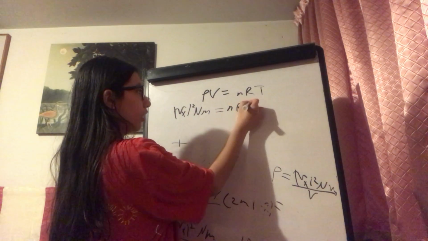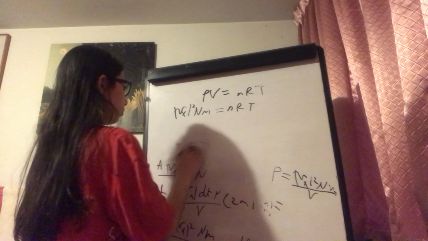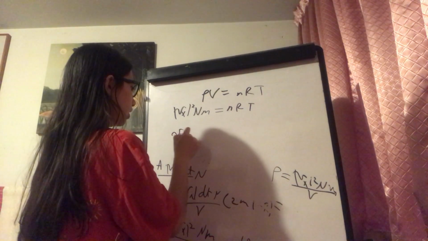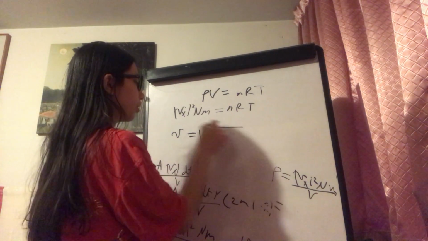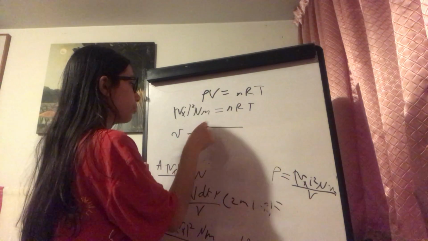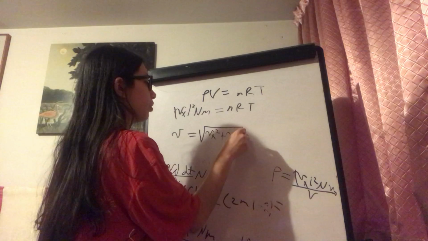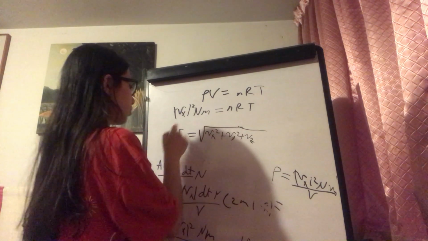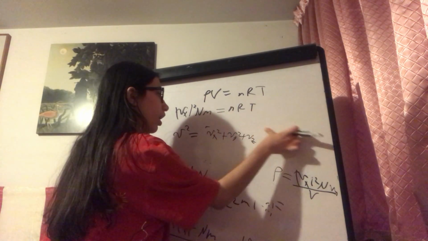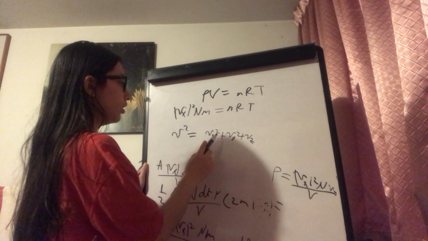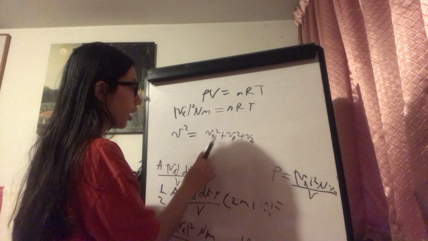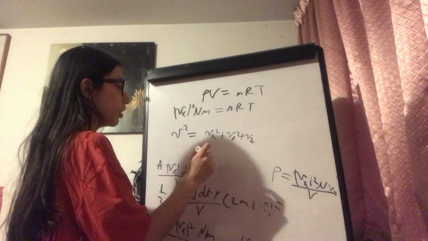So the magnitude of the velocity is equal to the square root of the velocity in x squared plus the square of the velocity in y plus the square of the velocity in z. We square both sides, and we see that the velocity on the x, y and z components is practically the same.